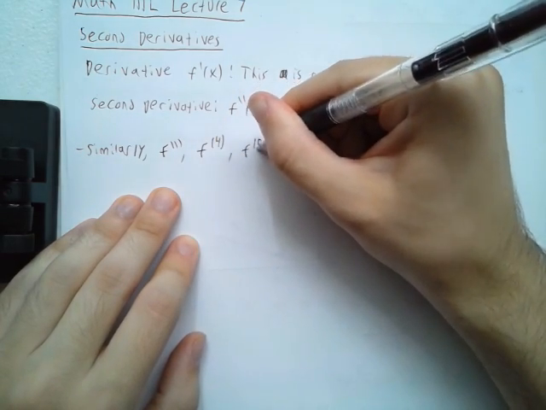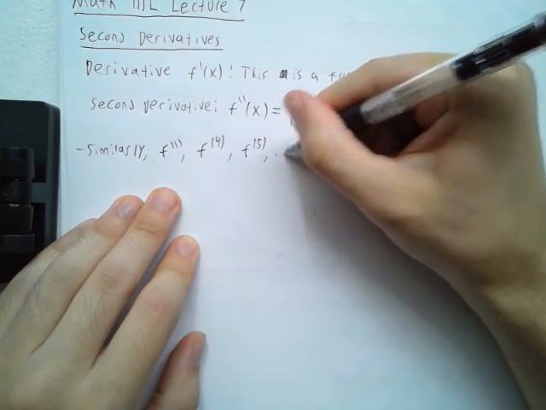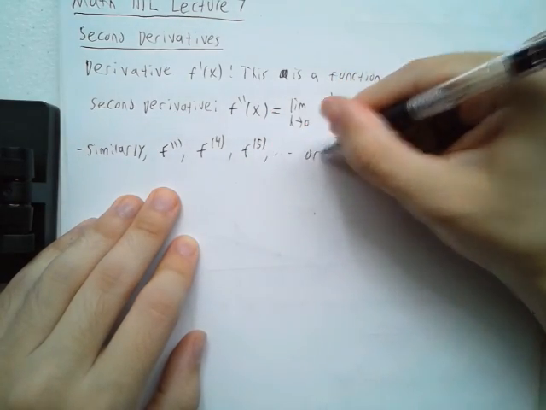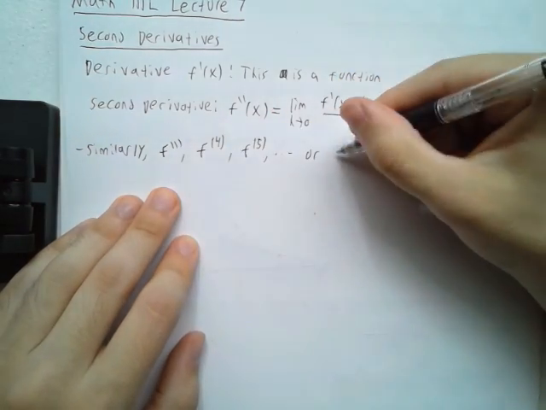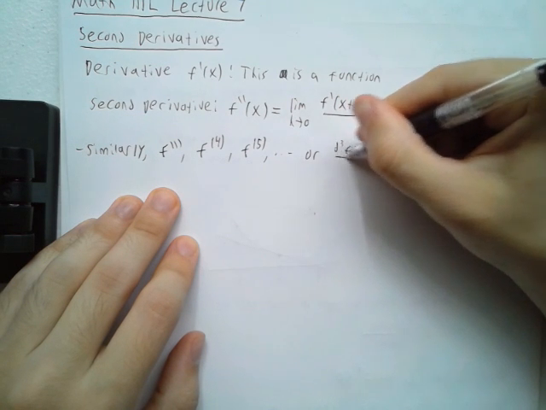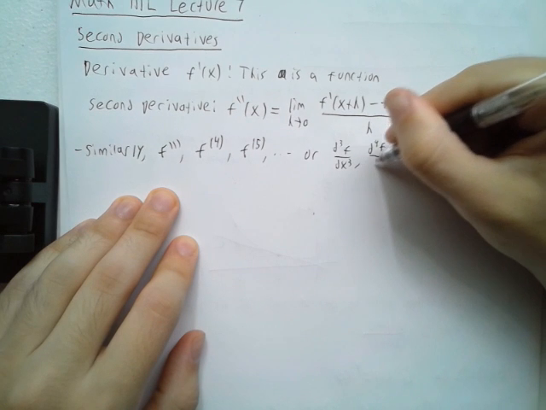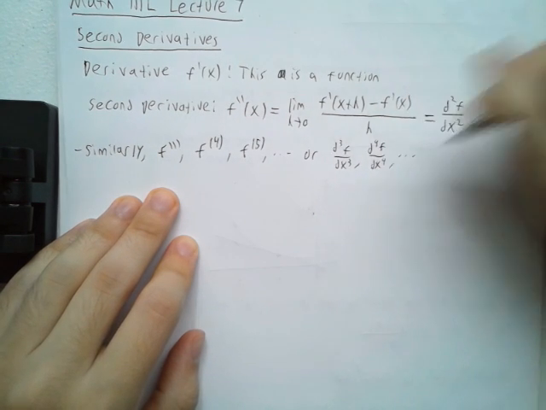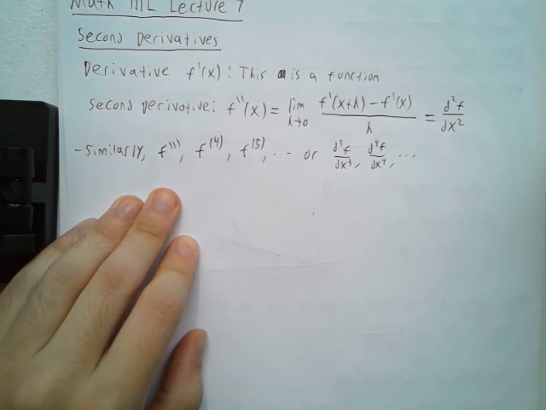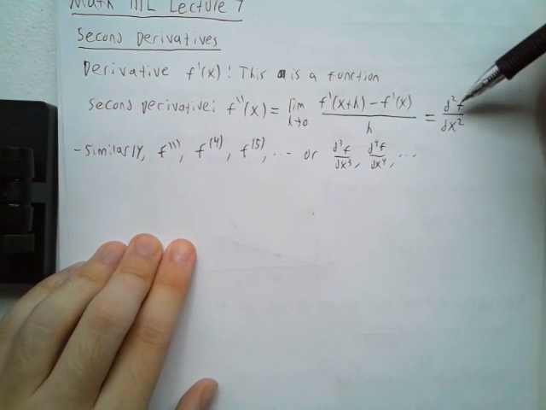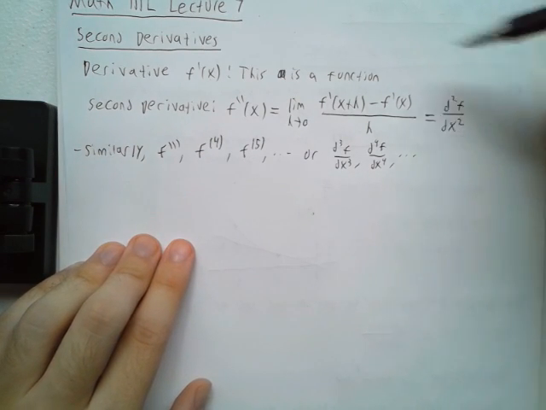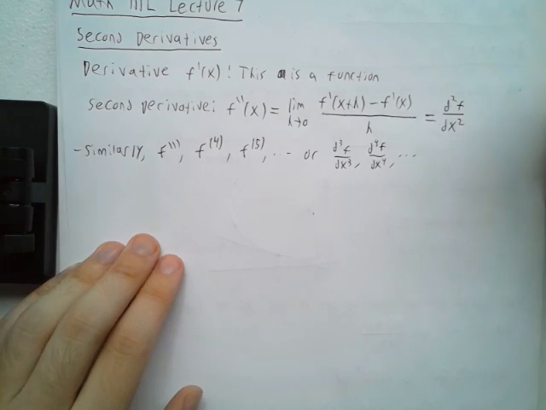And so similarly, we could have fifth derivative and so on. Or if we wanted to write these things in Leibniz notation, you would write d cubed f by dx cubed, d4f by dx4, and so on. So the point is, every time we take the derivative, we get a new function, and we could try taking its derivative as well.